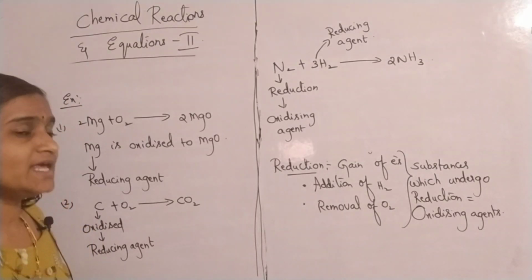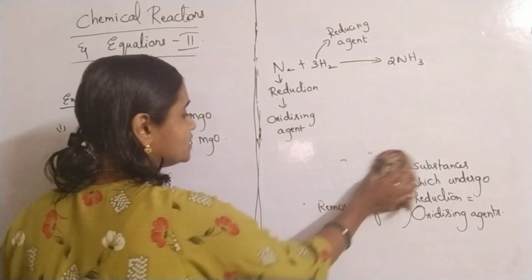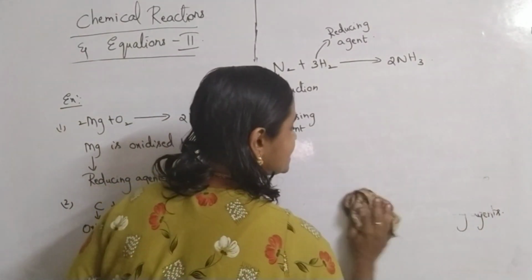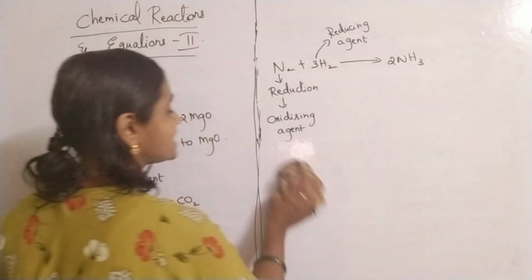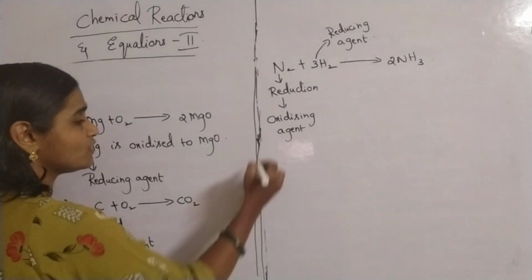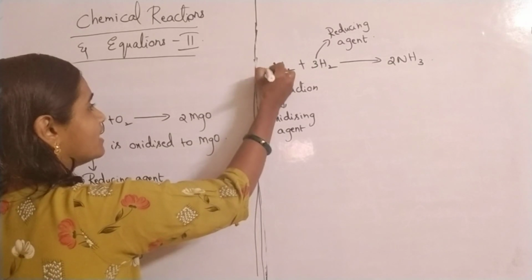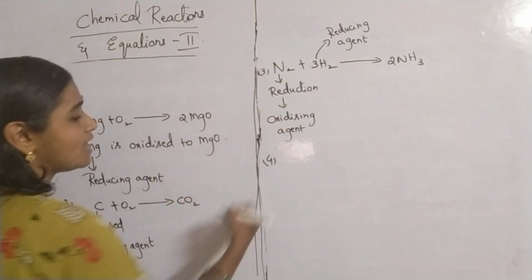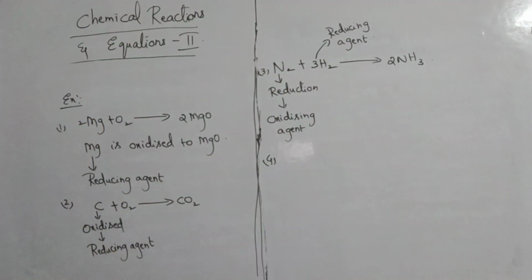Like that, if any reaction is given to you, you can easily identify which is getting oxidized and which is getting reduced. The oxidation number method is a relevant method to identify this. I'll give you one more example.